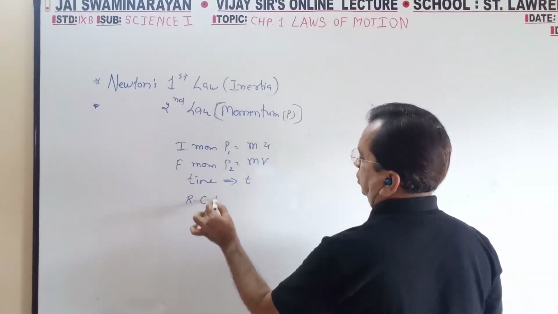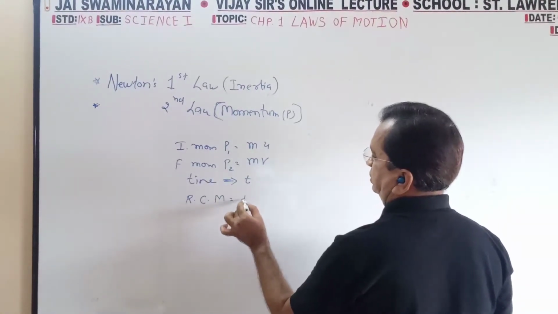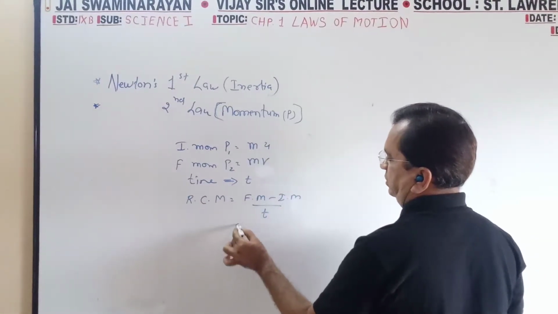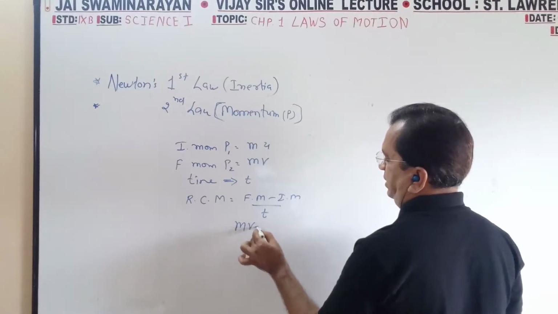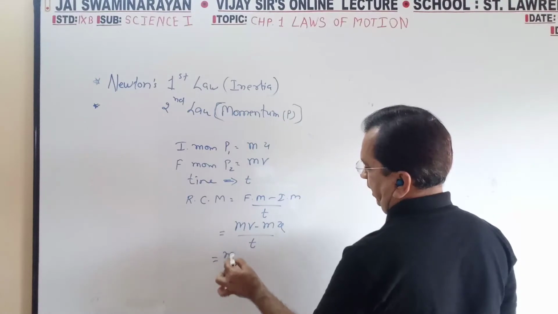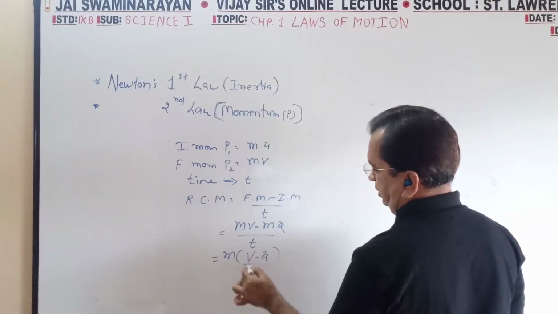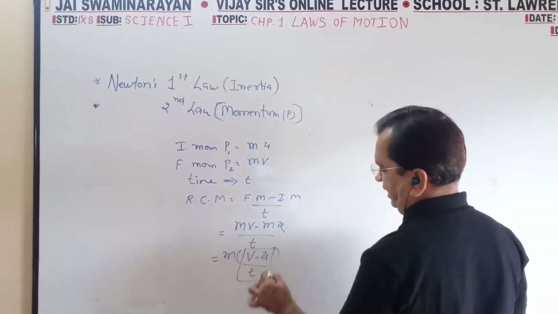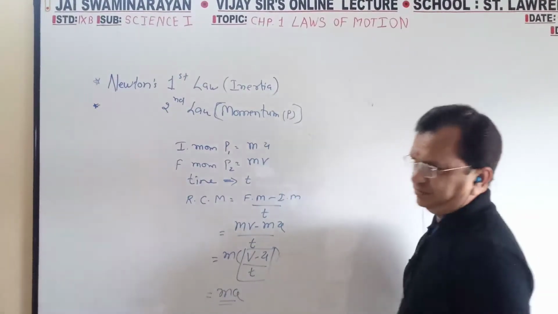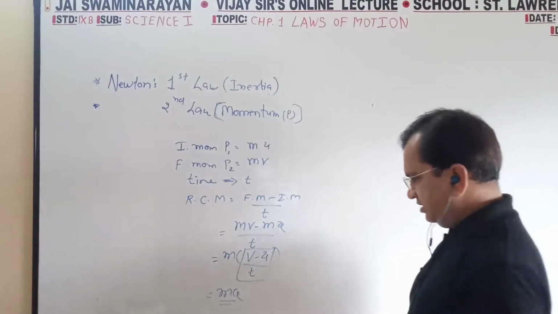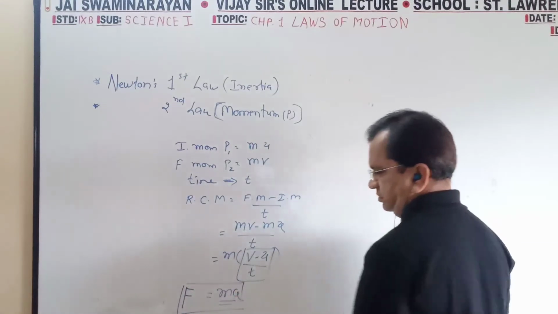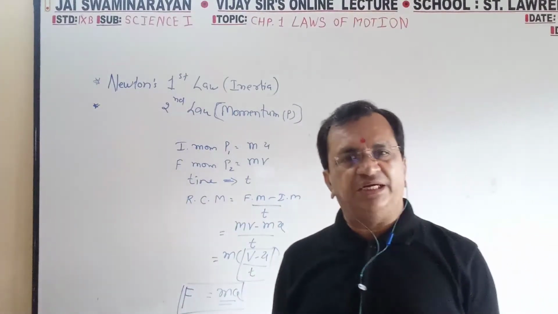The rate of change of momentum is final momentum minus initial momentum divided by time, so (mv minus mu) divided by t. Here m is common, so m times (v minus u) divided by t, and this is acceleration. So it is ma, and that is force. Force is equal to mass into acceleration.